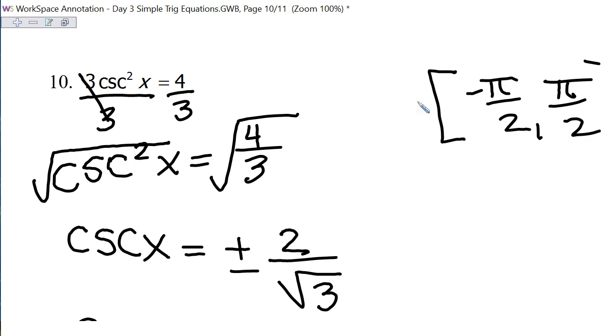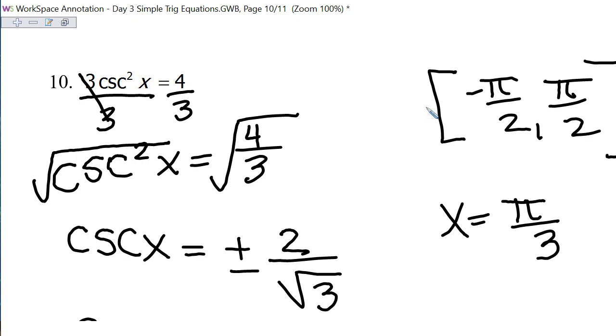But in quadrant 1, what is the angle that has a sine of positive square root of 3 over 2? Pi over 3, 60 degrees. So that's our answer in quadrant 1. What would our answer be in quadrant 4? If I did 5, I heard 5 pi over 3. Is 5 pi over 3 within this interval?